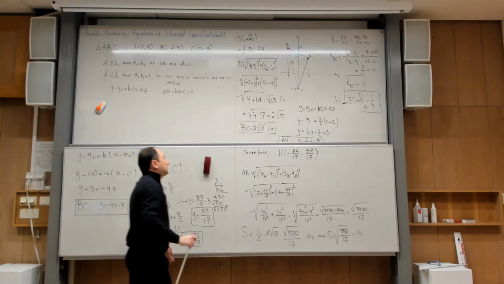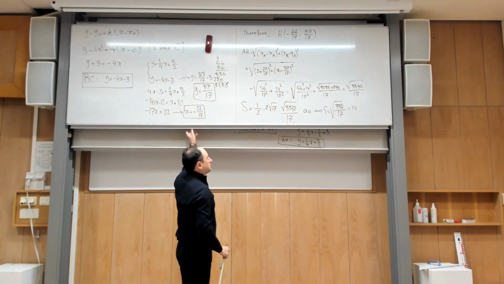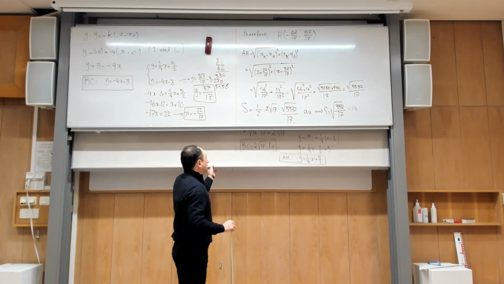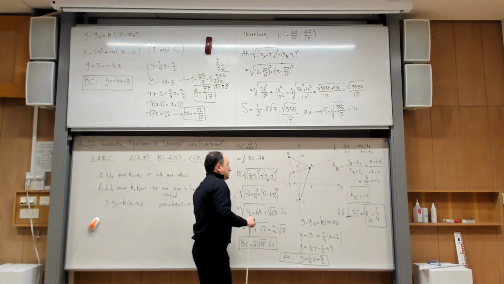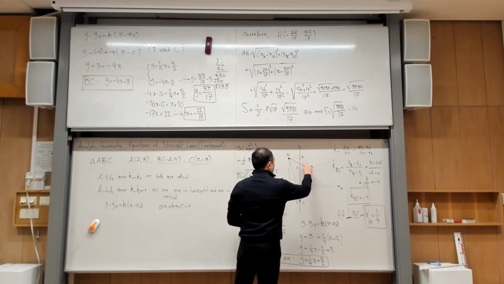Okay, so let me bring this picture down. Here, let me clean these things not to distract you. So here, let me clean these. Yeah, so here, that 5 is good to have it somewhere.